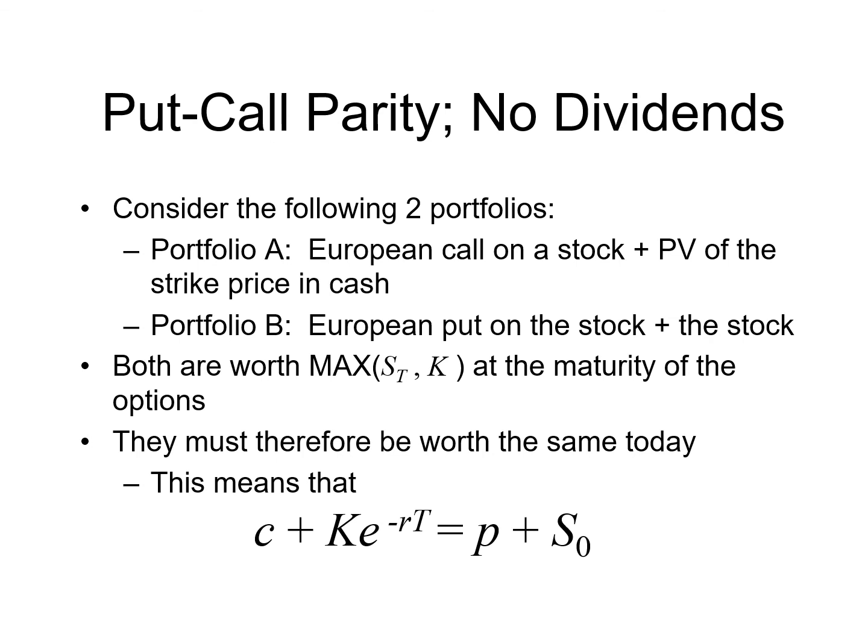Both portfolios are worth the maximum of the stock price and the strike price at the maturity of the options. So they must therefore be worth the same today. This means that C, the call, plus K e^(-rT), that's the cash in present value of the strike price, is equal to the put plus the stock.